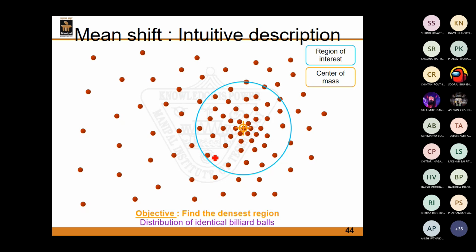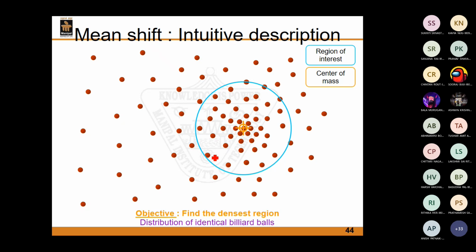So in the final iteration, when the center of the circular region of interest and the center of mass are coinciding, the mean shift vector becomes a null vector, because there is no more shifting, or no more difference between the 2 points.